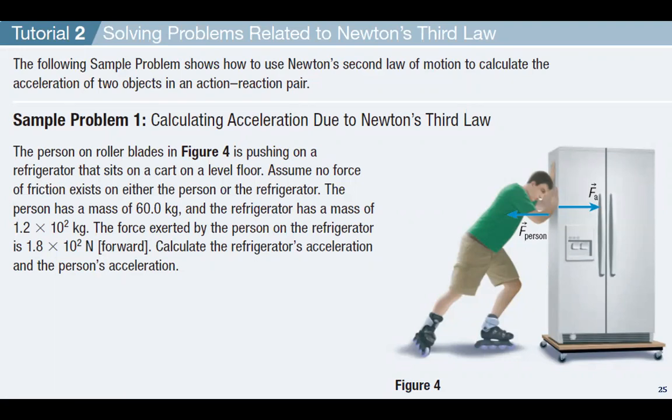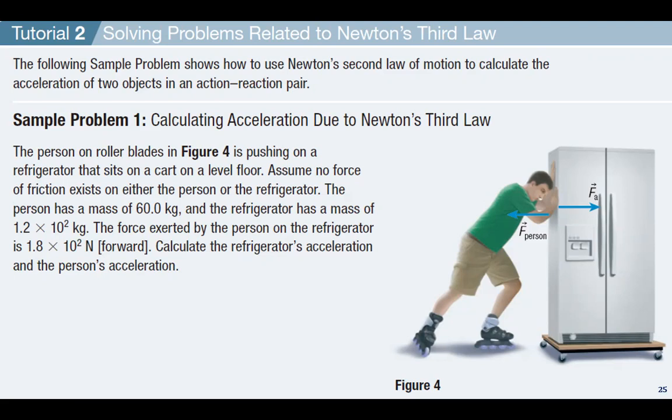Okay, sample problem 1, which is to calculate acceleration due to Newton's third law. So here's a person on rollerblades in figure 4 pushing on a refrigerator that sits on a cart on a level floor. Assume no force of friction exists on either the person or the refrigerator.